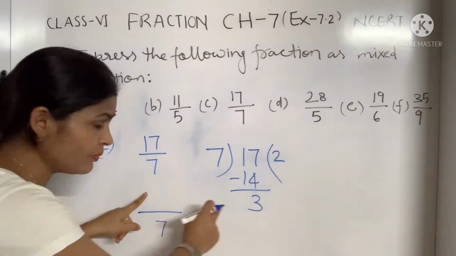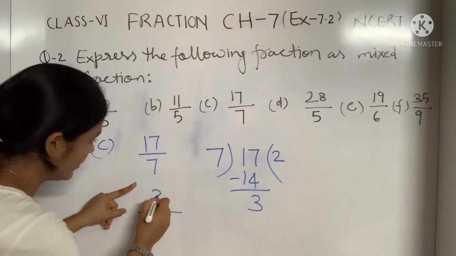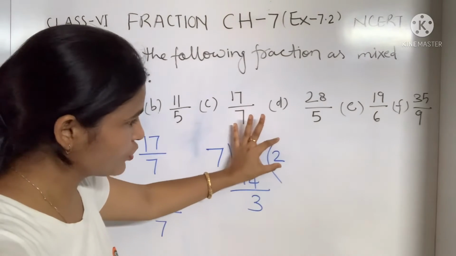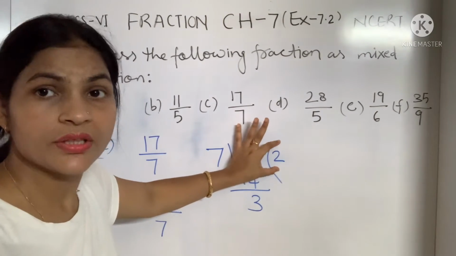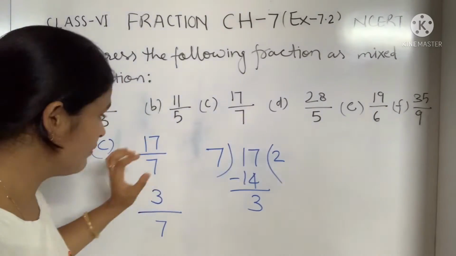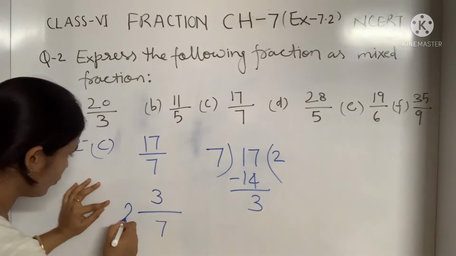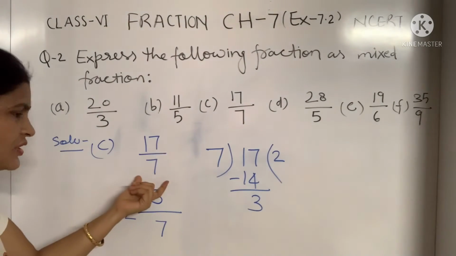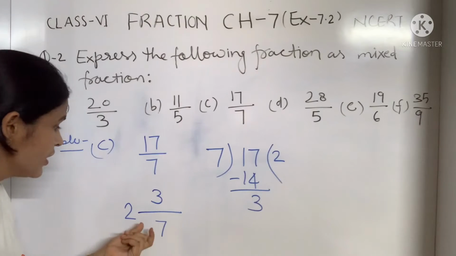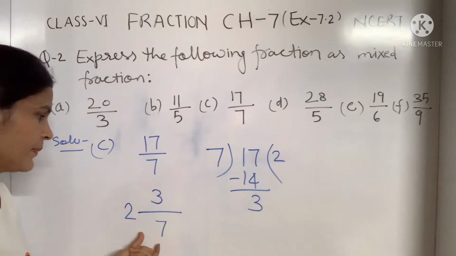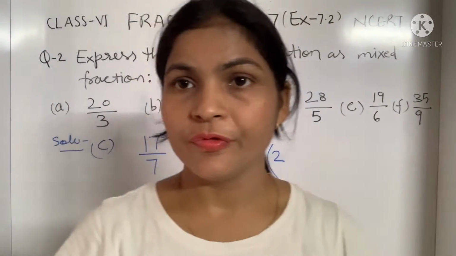So the 3 will come here in the numerator, and it goes 2 times. The whole part always comes in front, so I write 2 here. So I can write 17 upon 7 as a mixed fraction: 2 and 3 by 7. Now move to the next part.